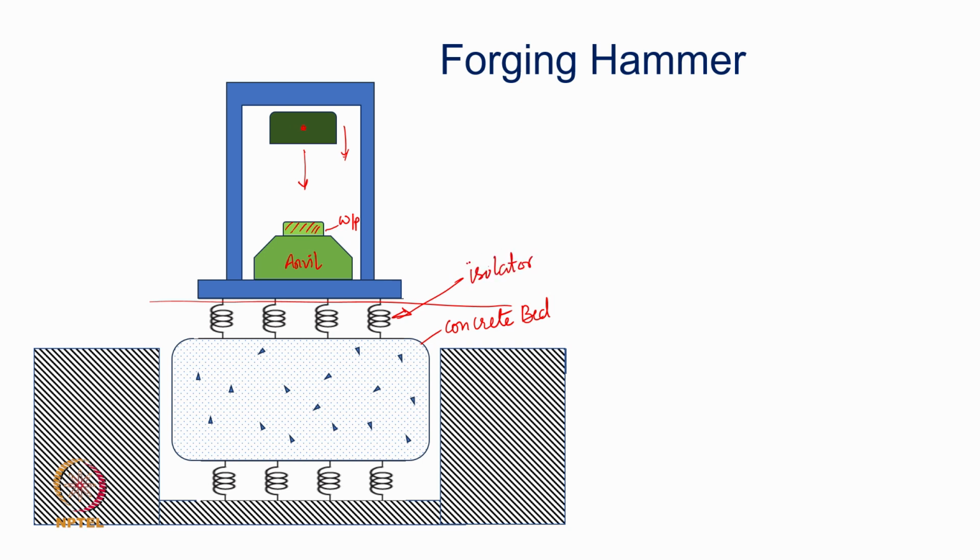They are represented as springs, but they could be made of polymeric material and so on. Then the concrete bed itself is isolated from the ground. So, this is basically your ground.